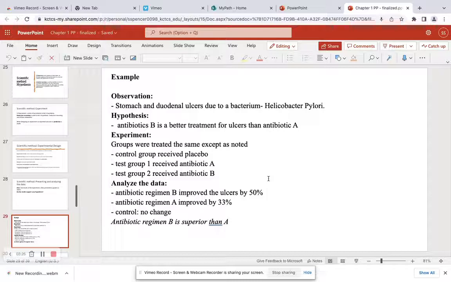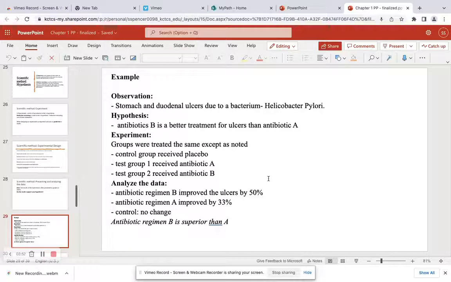And we're going to make an informed statement. We're going to say this antibiotic B is a better treatment for ulcers than antibiotic A. Well, how would we test this, right? So we're going to have three different subjects. We're going to have a control group who receives a placebo. They're not going to be exposed to the antibiotics. Then we're going to have two test groups, ones who receive antibiotic B and ones who receive antibiotic A.